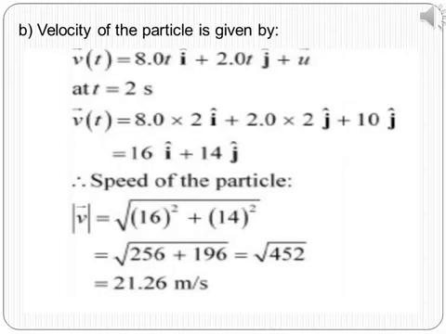Then what should be its magnitude? The magnitude is equal to root of vx square plus vy square, where vx is equal to 16 meter per second and vy is equal to 14 meter per second. By substituting these values, we get the magnitude v equal to 21.26 meter per second.